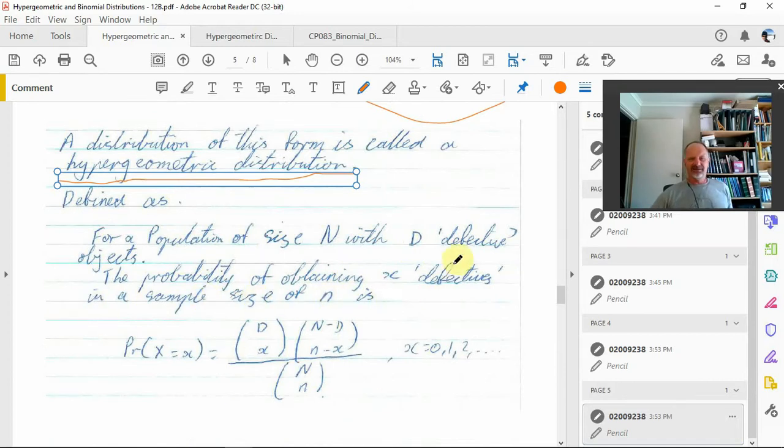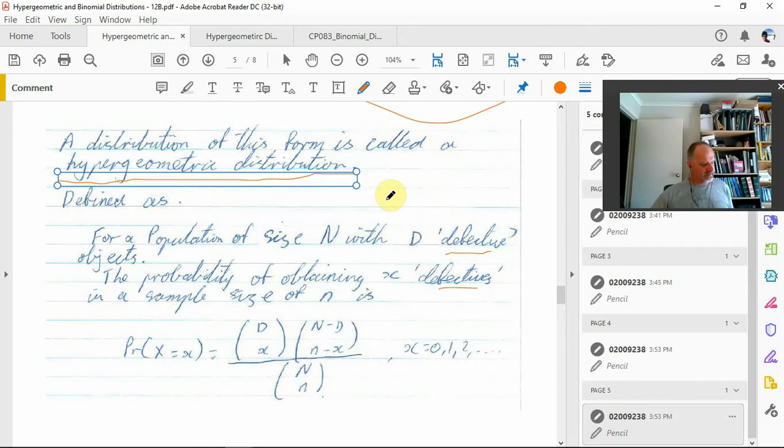Defective just means what we're interested in. Up there, we were interested in blue balls. We wanted 1 blue ball in a sample size of 4, and our population was size 10 with 6 blue in there.